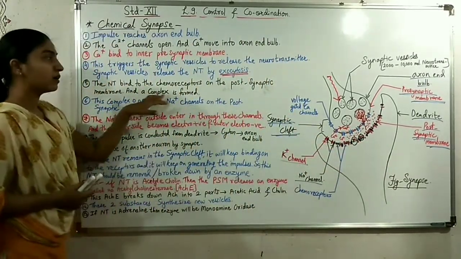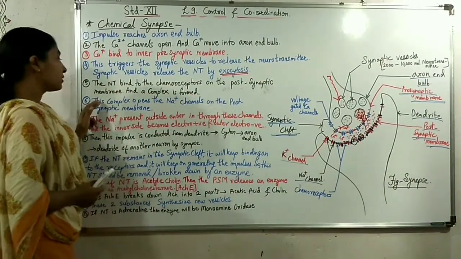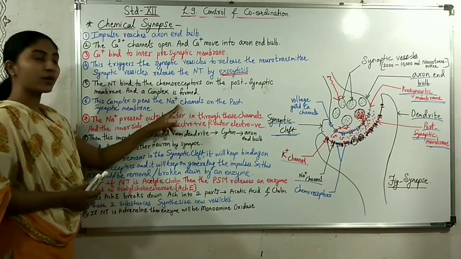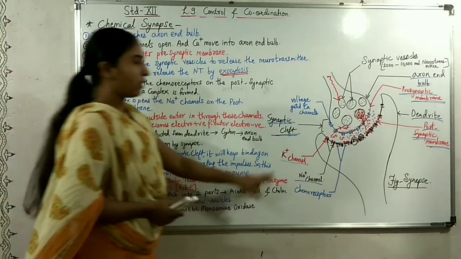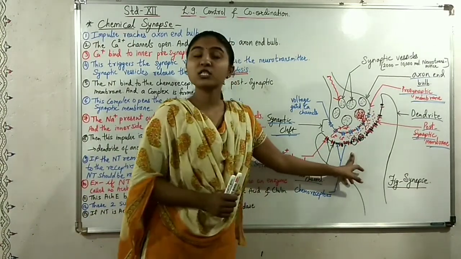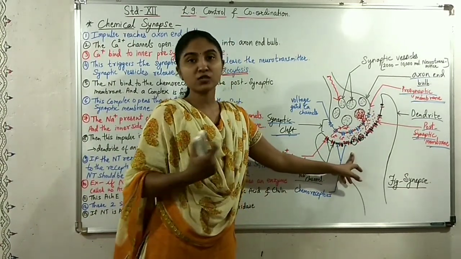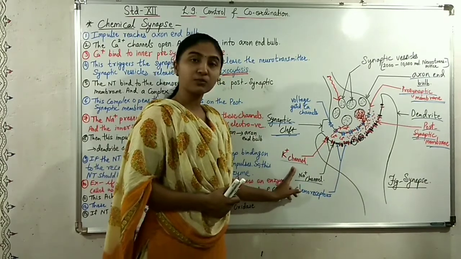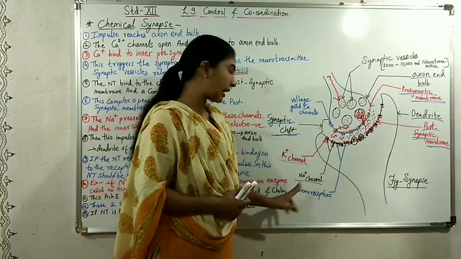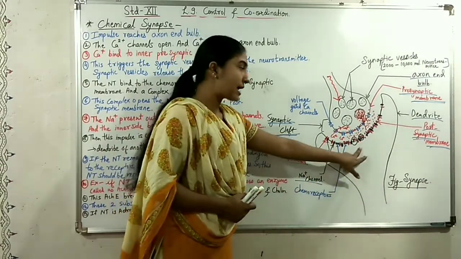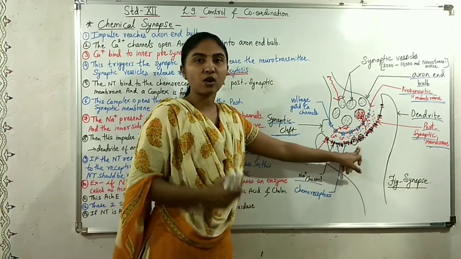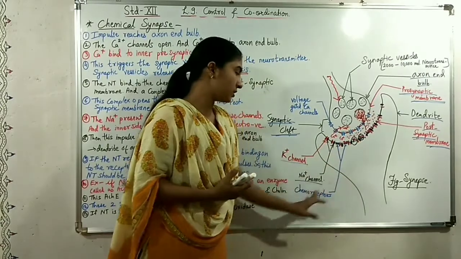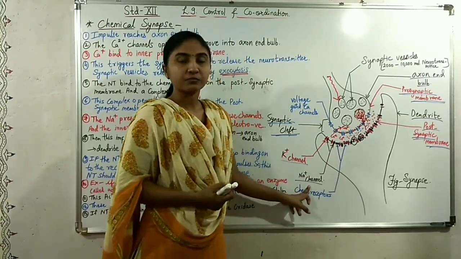Now as this complex is formed, it opens the sodium channels on the postsynaptic membrane. As we know, on the postsynaptic membrane there are channels for ions, potassium channels and sodium channels.